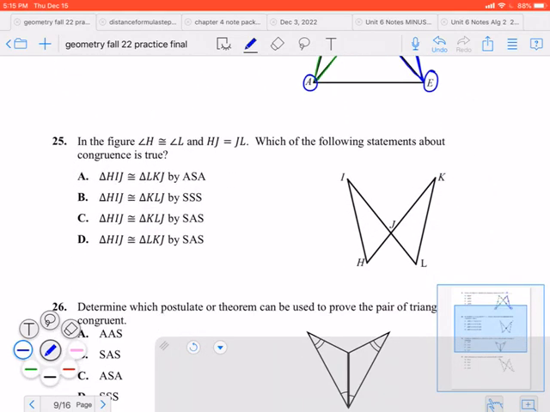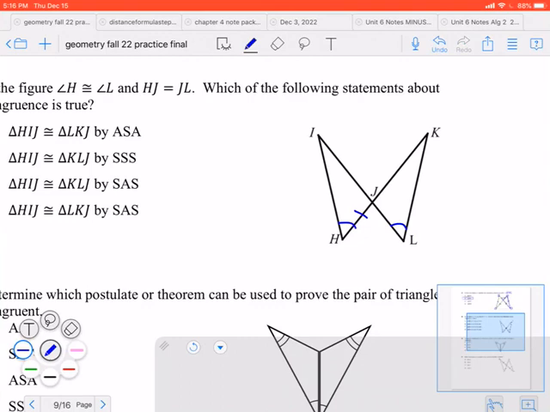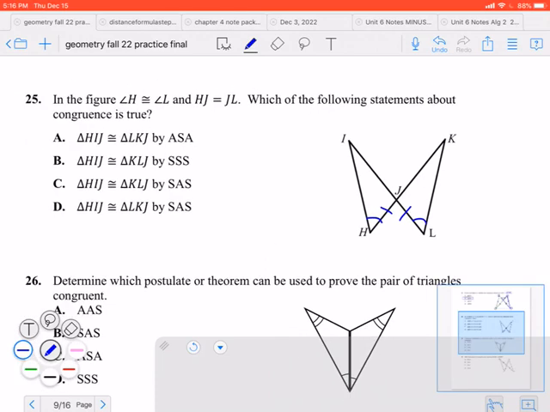Number 25. In the figure, angle H is congruent to angle L. I'm just going to mark that on there. And HJ, I'm going to make those marks a little smaller. HJ is congruent to JL. Which of the following statements about congruence is true?